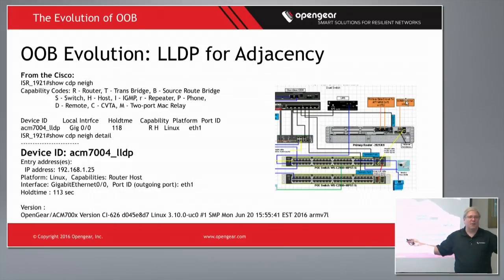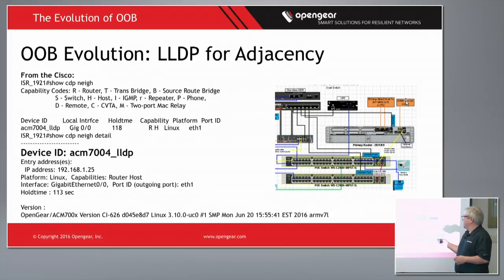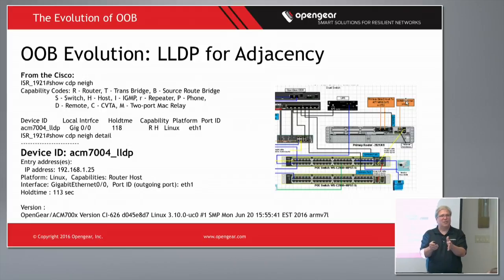So that's new. Why do they care about that? The reason is when you deploy 200 at one go, you want your provisioning systems to be able to interrogate the system to say, is everything lined up the way it should be? The other aspect to it is, if there's troubleshooting going on and you can't get to one, you can maybe get to your console server. Maybe you come in on your LTE connection. You can use this adjacency to make sure that from an IP standpoint, you can see it.